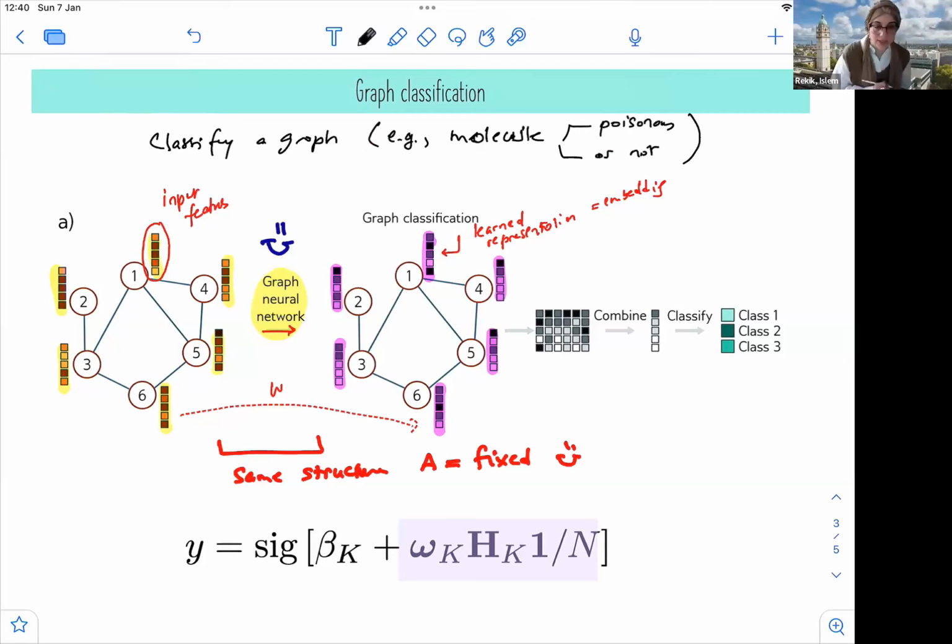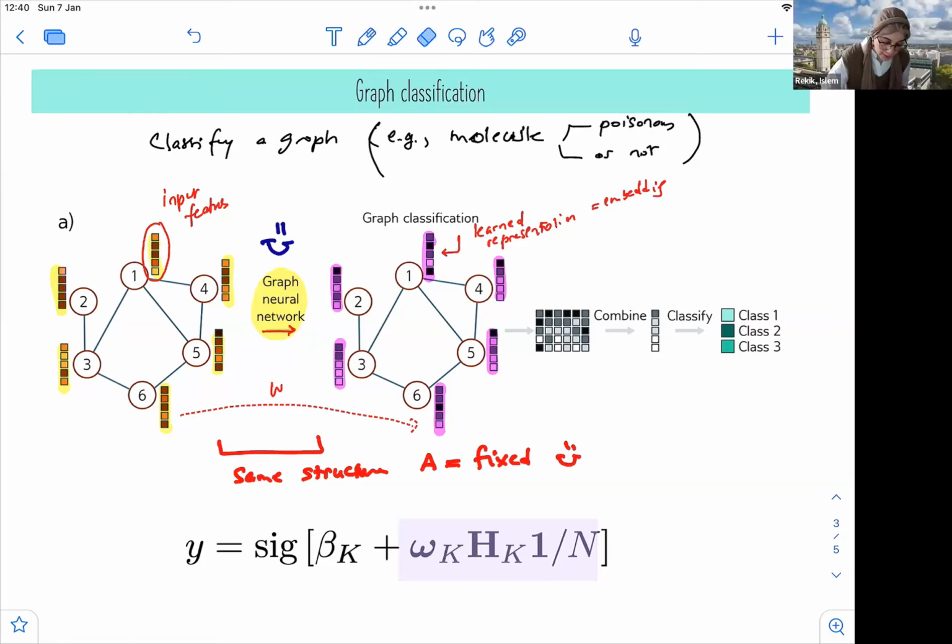So you're classifying a whole graph. It could be a brain network, and you want to know if this brain network is healthy or disordered. These are different classifications that you can do at the whole graph level.